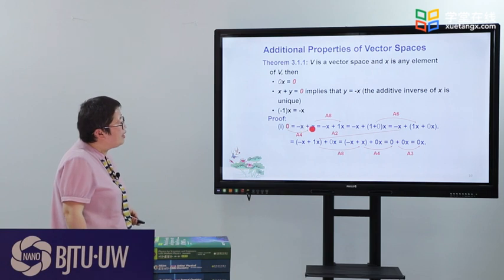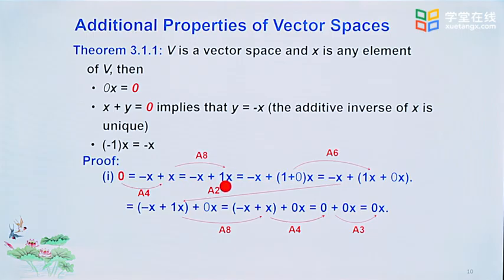We have this one, and then because x also equals the number 1 times x according to axiom 8, we have this one, and 1 times x also equals (1 plus 0) times x, because 1 can be written as 1 plus 0. Okay, and then from axiom 6, this one equals 1x plus 0 times x.